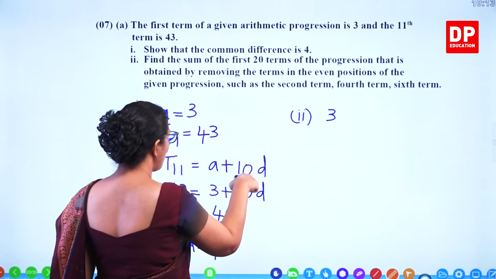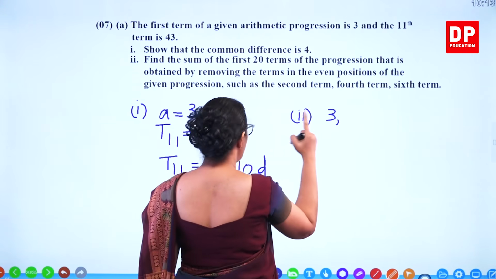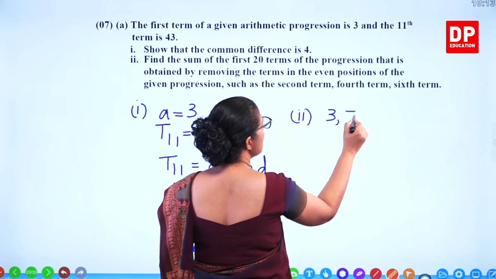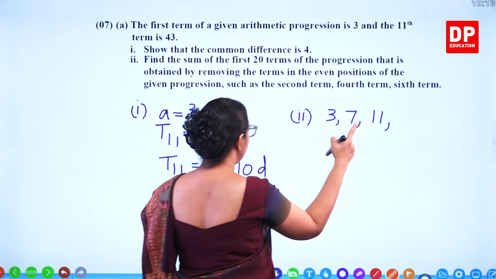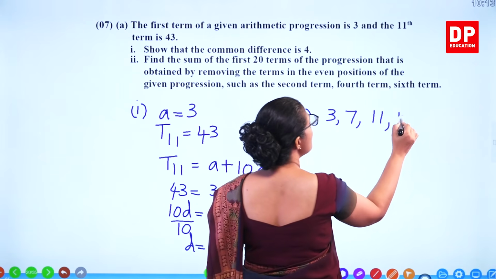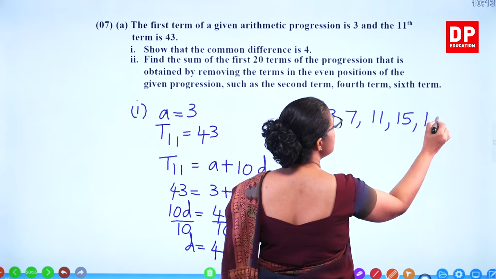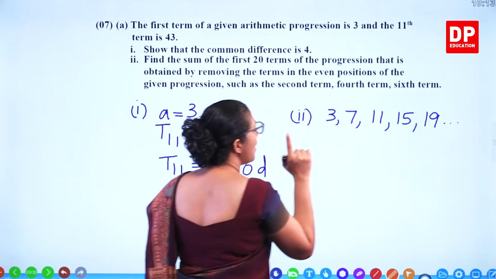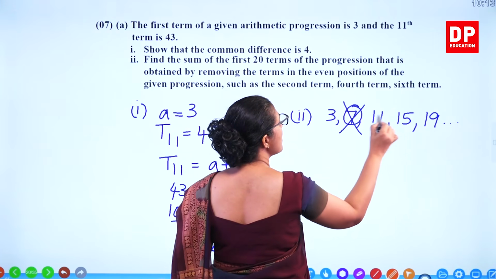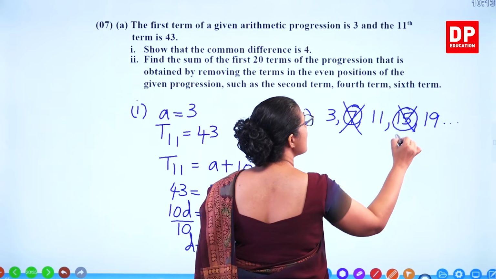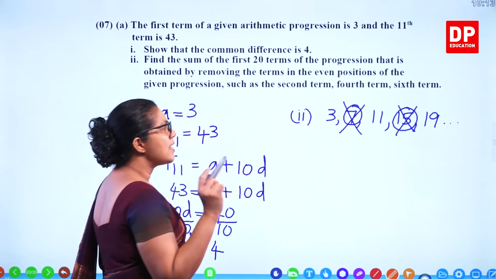And d is 4, adding 4. So 3 plus 4, 7. 7 plus 4, 11. 11 plus 4, 15. 15 plus 4, 19, like that. But they are removing even positions.